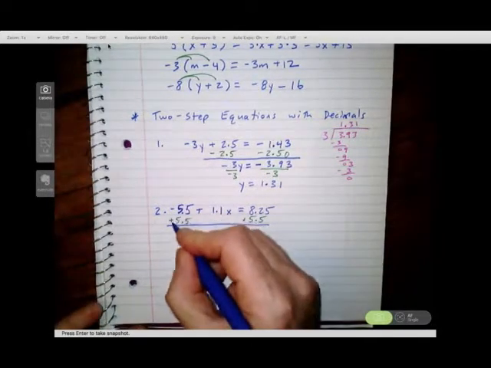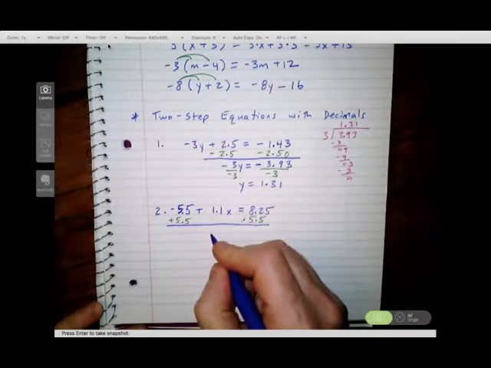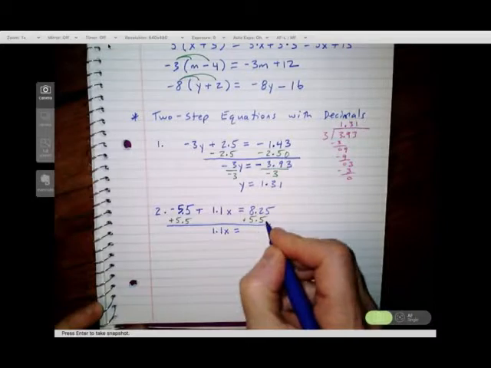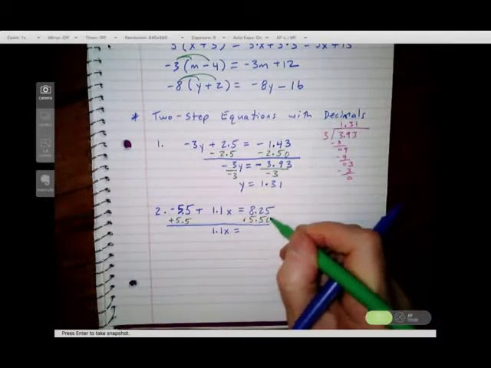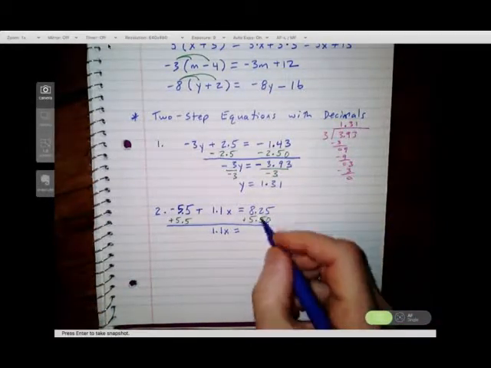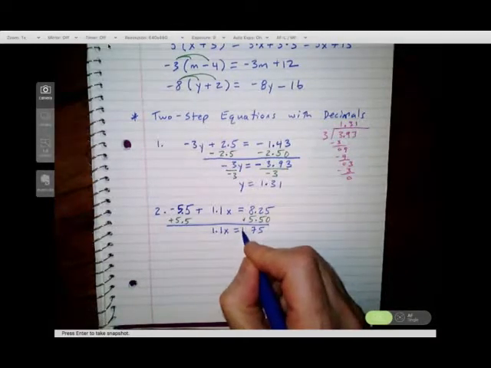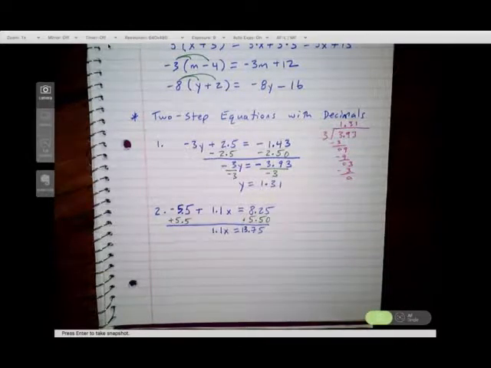This makes 0 over here, so I'm left with 1.1x equals, let's see, if I put a 0 down here, I've already got my decimals kind of lined up. I'm just going to add them up. 5 and 0 is 5, 2 and 5 is 7, and 8 and 5 is 13. So 13.75.